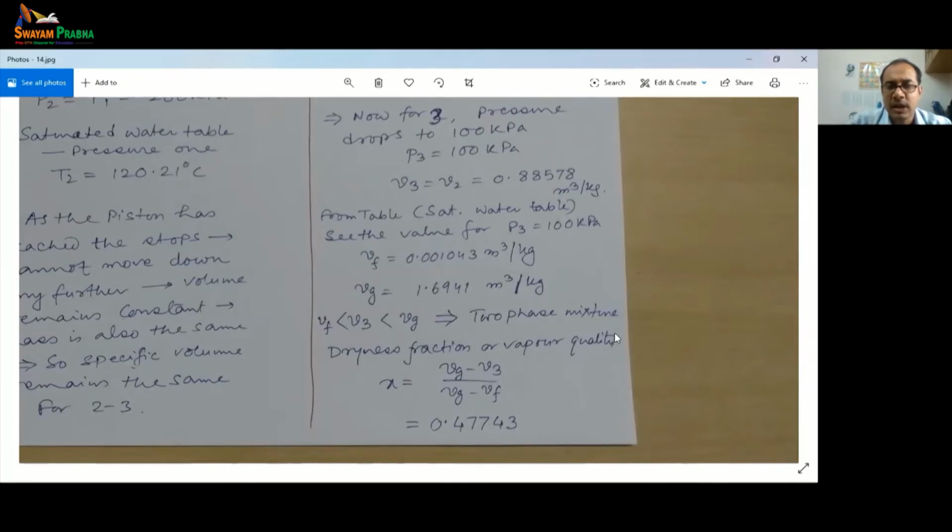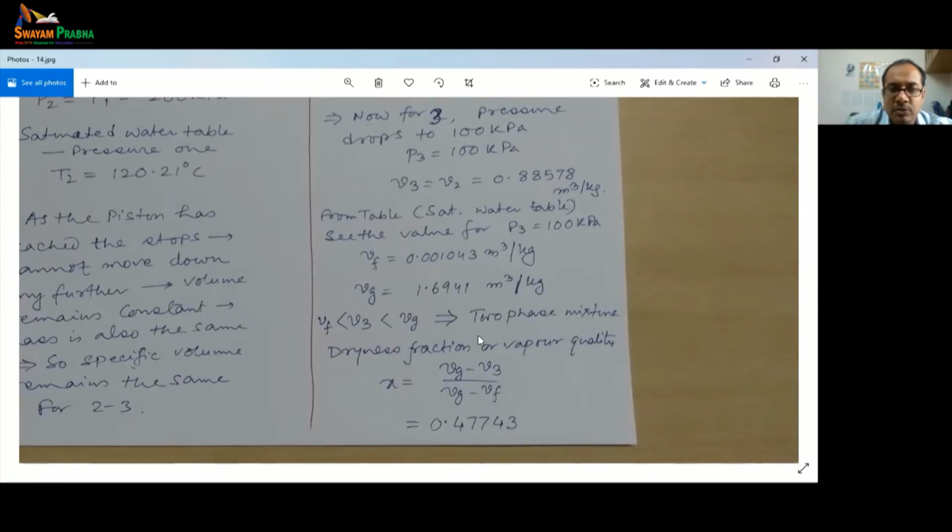So it is a two-phase mixture. So we can find the dryness fraction, or the vapor quality, which tells how much vapor there is in that two-phase mixture. That dryness fraction is designated as X, and it is computed as Vg minus V3 divided by Vg minus Vf.